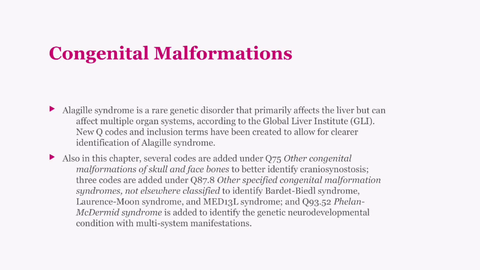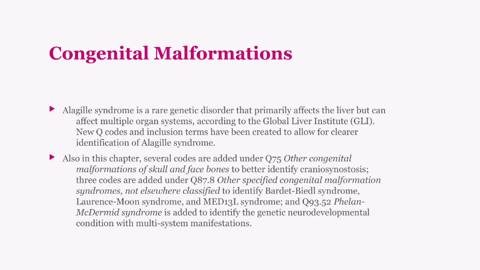Congenital malformations. Alagille syndrome is a rare genetic disorder that primarily affects the liver but can affect multiple organ systems. According to the Global Liver Institute, GLI, new Q codes and inclusion terms have been created to allow for clearer identification of Alagille syndrome.